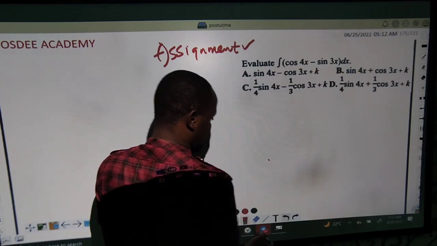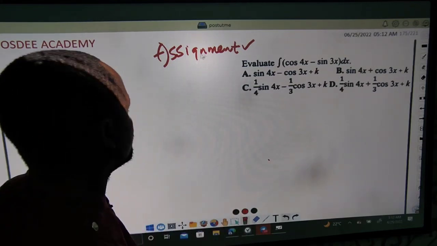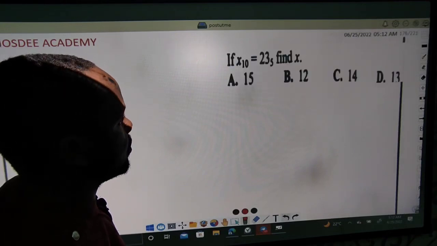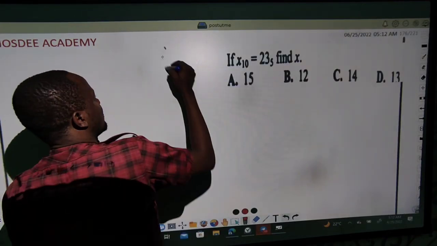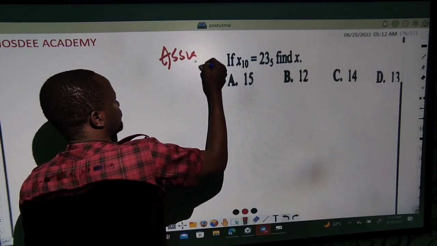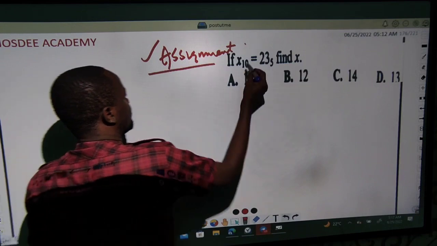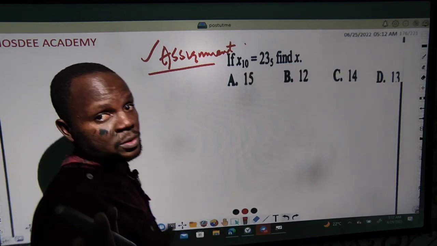That's where I will start in the next class. The second one, I'm just giving you 2 today. Wow, this is a bonus mark, and this is assignment 2. So, and you drop that. Next class, by the grace of God, we are going to see.